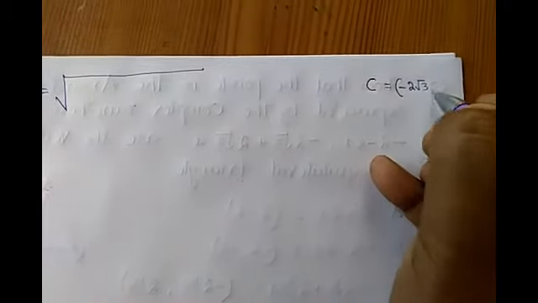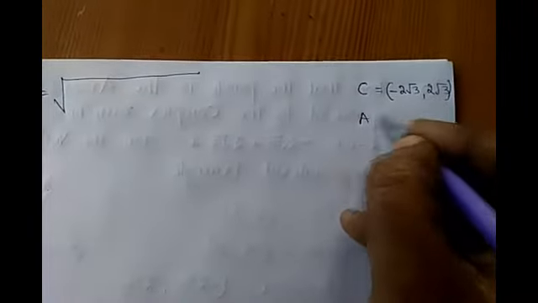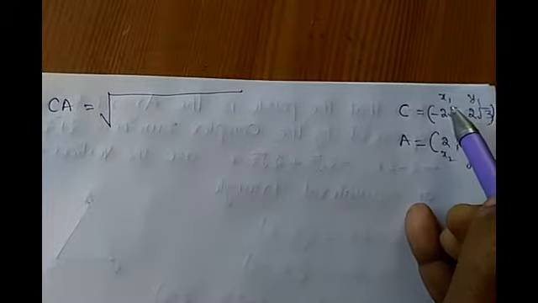Now CA equal to square root of, here what is point C? C equals minus 2 root 3 comma 2 root 3, and A equals 2 comma 2. Denote x1 y1 value and x2 y2. Now what is the distance formula?